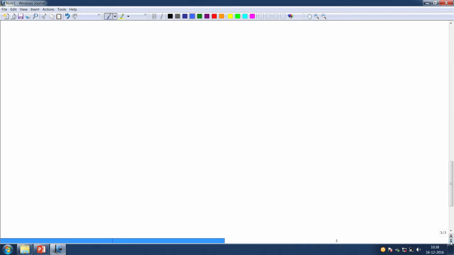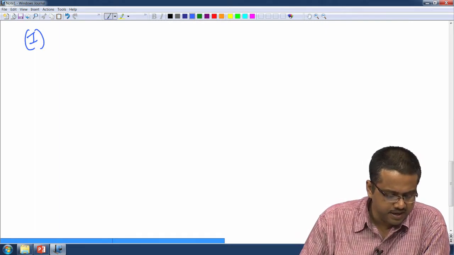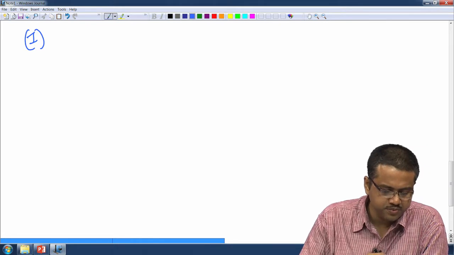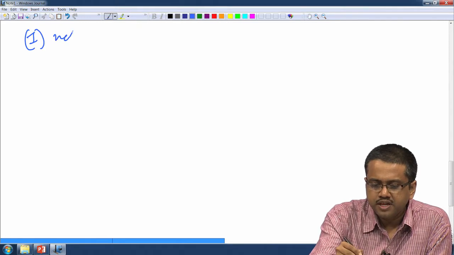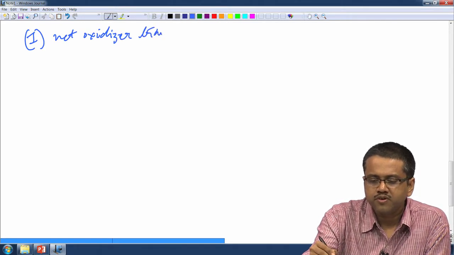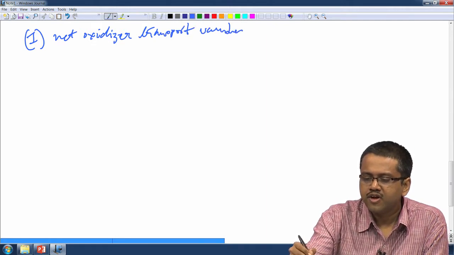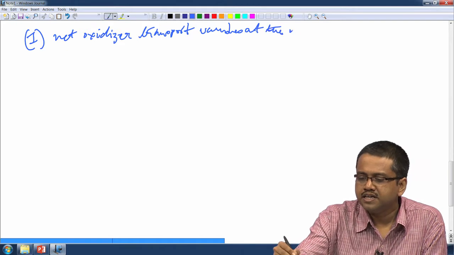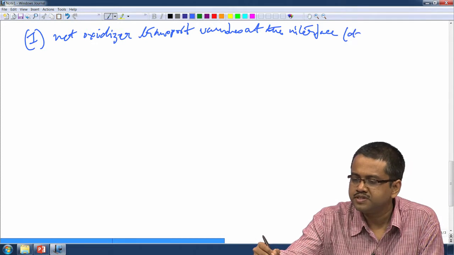So, let us look at the boundary conditions in a little more detail. For boundary condition 1 that we covered over there, this essentially means that the net oxidizer transport vanishes at the interface. The interface is basically the liquid, that is the droplet surface.